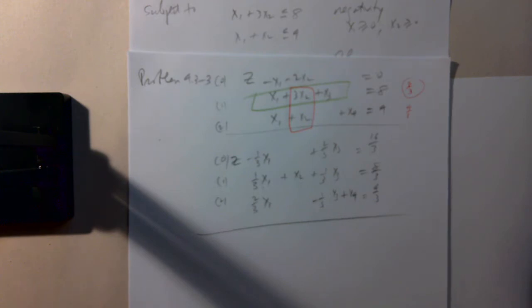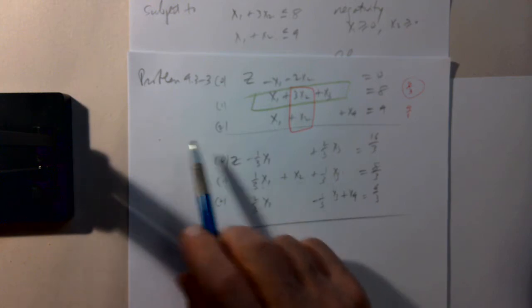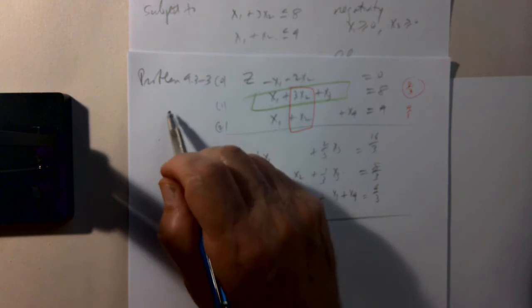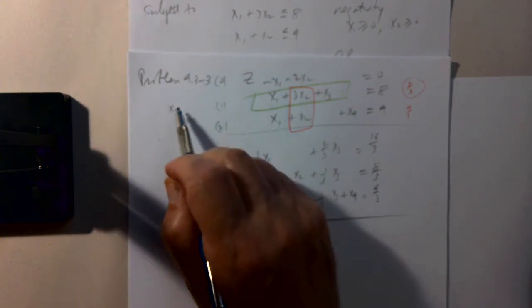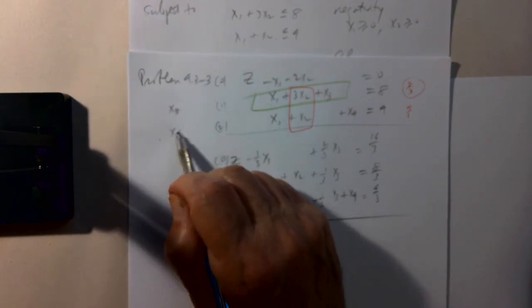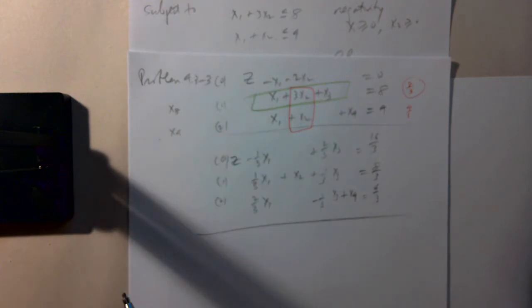If I want to keep track of what are my basic variables, when I start, x1 and x2 are non-basic, and x3 and x4, these are the basic variables.